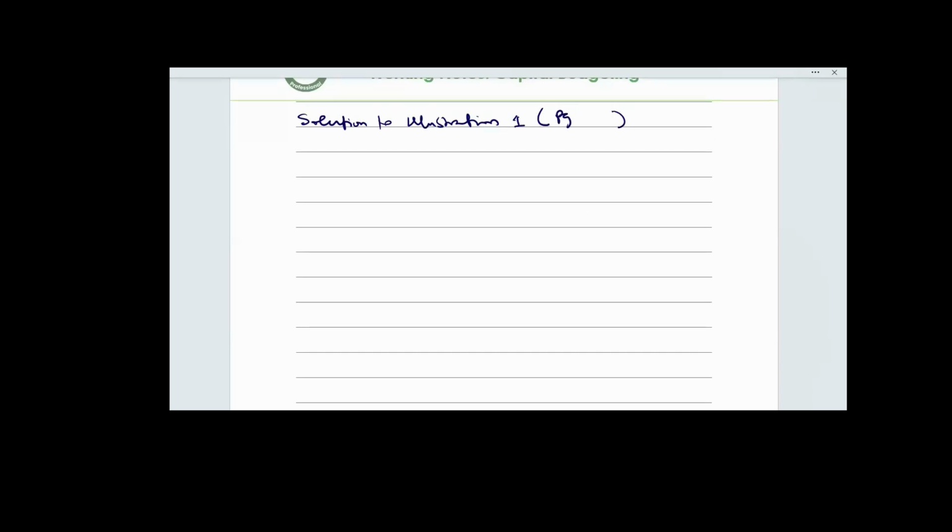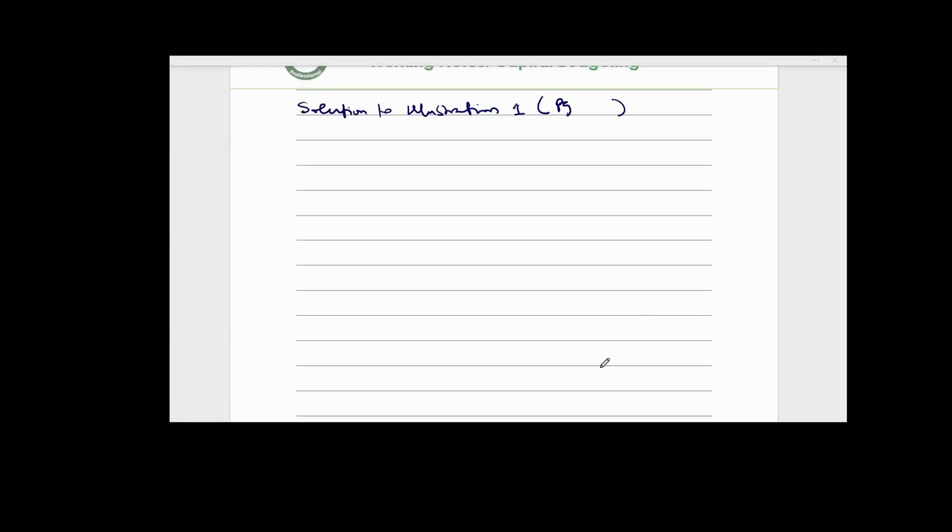I will say solution to illustration 1, True Talk. That's page 45.